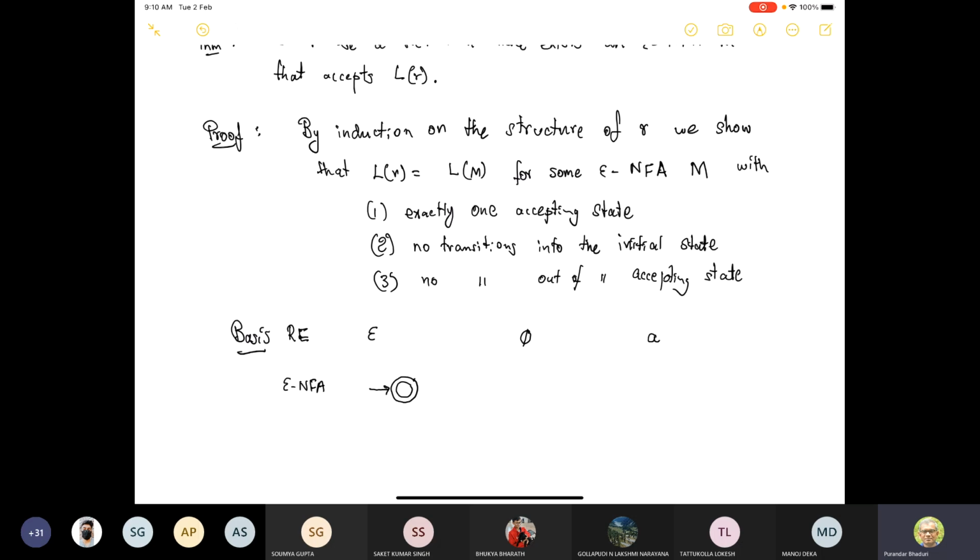Only one state, which is an accepting state, and it satisfies all these three properties. Exactly one accepting state, no transitions into the initial state, and no transitions out of the accepting state. So it's satisfied. What about this one, empty?